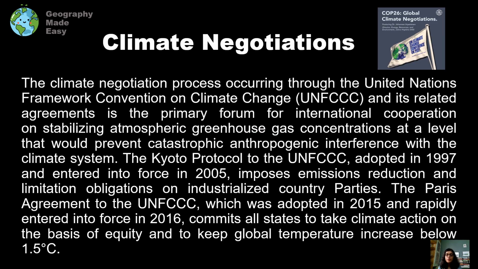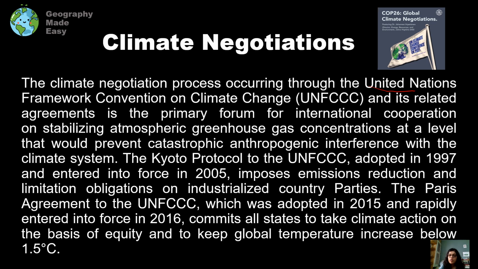Then moving on, now this is a broader term. We have different climate negotiations which keep taking place from time to time, where we know that climate change is a big issue, and the different United Nations meet to discuss what can be done about climate change.